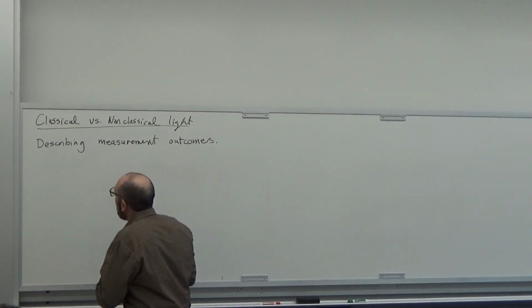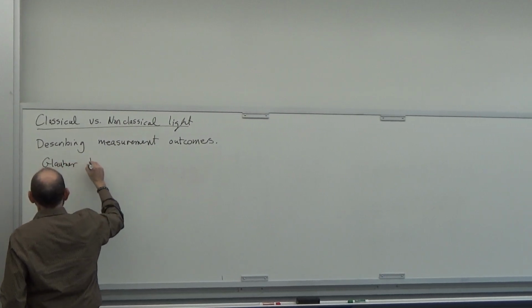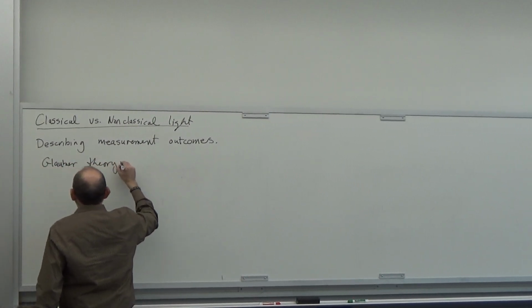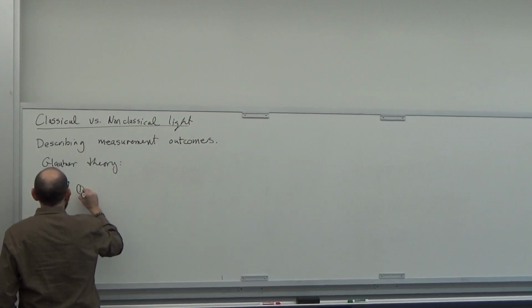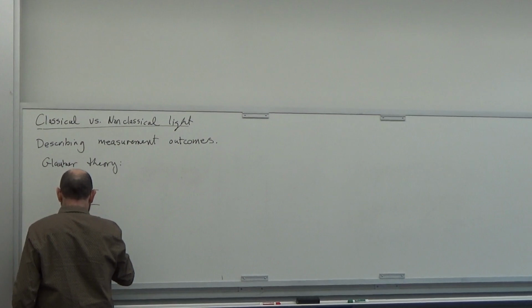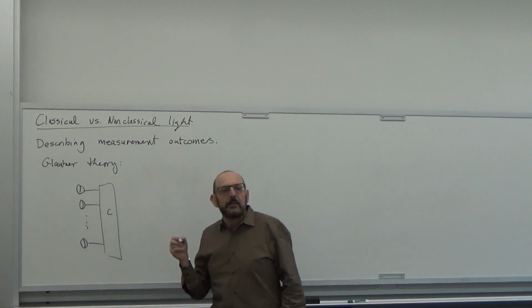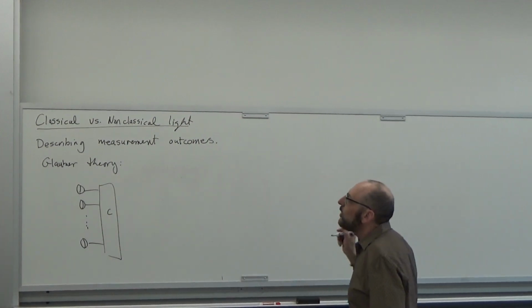Now, we looked at a specific question in the past. We said, in the Glauber theory, we considered coincidence counting with photon square law detectors.